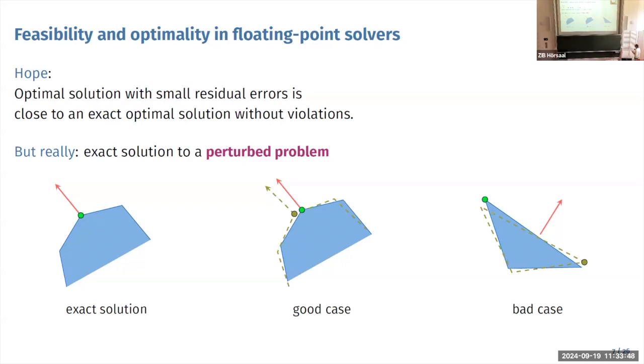The residual error, we say, so the violation of some constraint can be small, but still the difference to an exactly optimal solution here, if I optimize in this direction and this red arrow is tilted a bit to the left, can be large. And there are other pictures that you could draw, right? So only having a small residual error does not necessarily guarantee you that you are close to an exactly optimal solution.